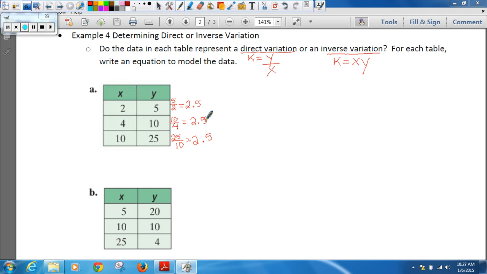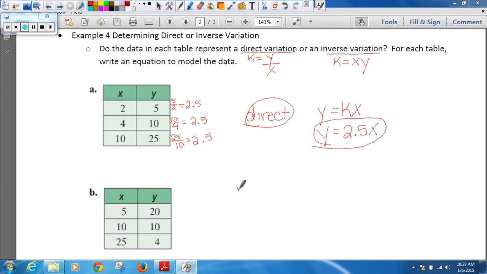So since all of them give me the same constant when I take y divided by x, this one is a direct variation. It then wants us to write the equation. Well, in a direct variation, it's y equals kx. We found our k, the constant between each of those points, was 2.5. So it is a direct variation with the equation y equals 2.5x.